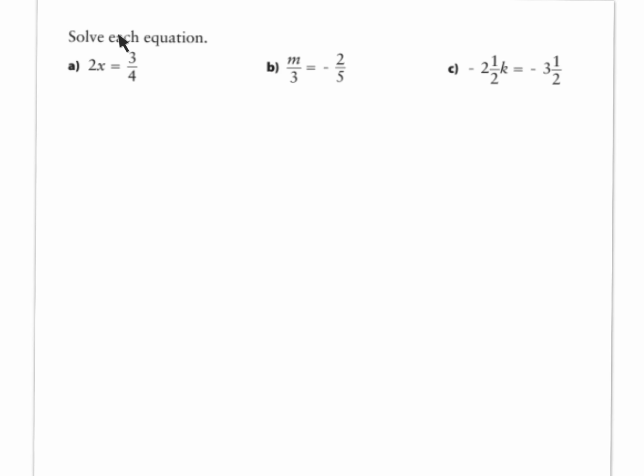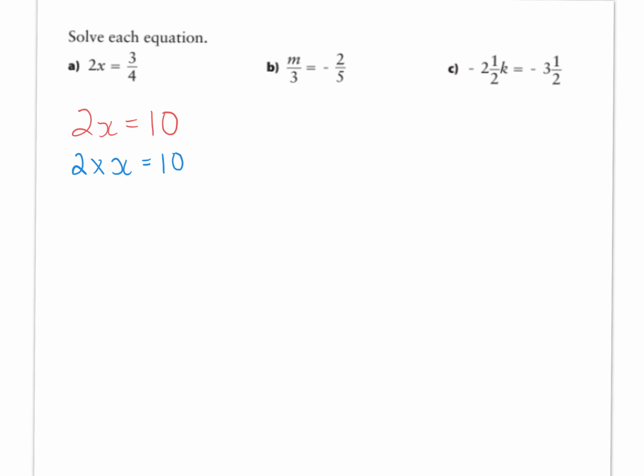Now, back in the day when you were in grade 7, you had to solve things that looked like this. 2x equals 10. So this is 2 times x equals 10.